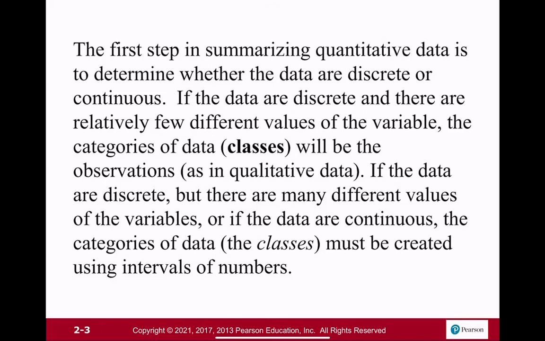It's going to look worse than the raw data itself, and we want to make it a little bit more organized. So what we do is we use classes. So classes will be the observation as a qualitative datum. If the data are discrete, but there are many different values for the variable, or if the data are continuous, the categories for the data, the classes, must be created using intervals of numbers.